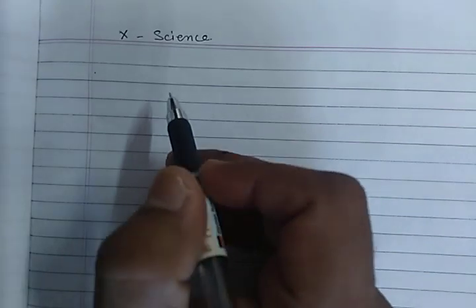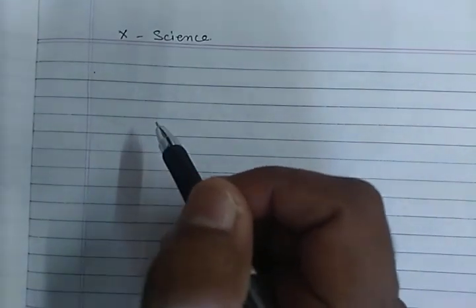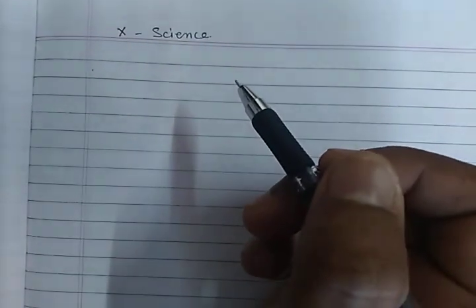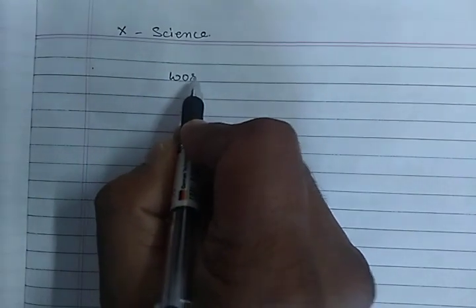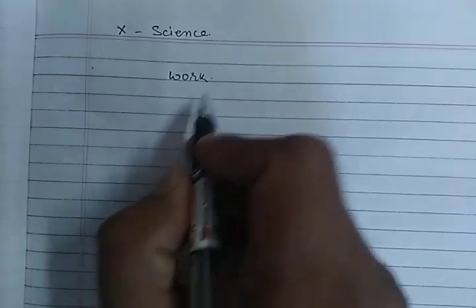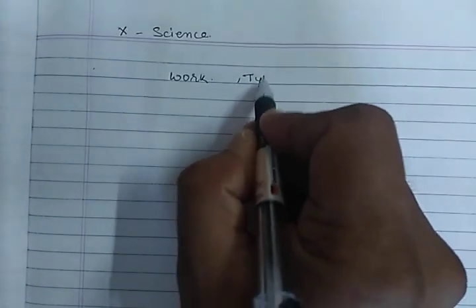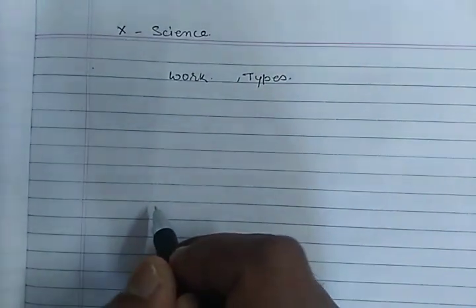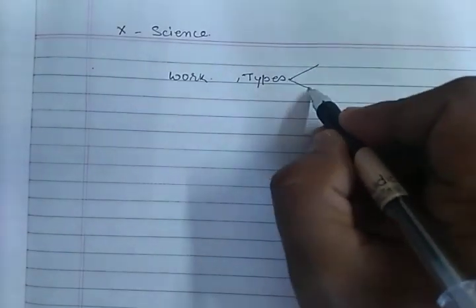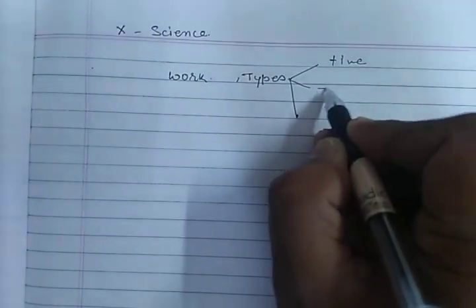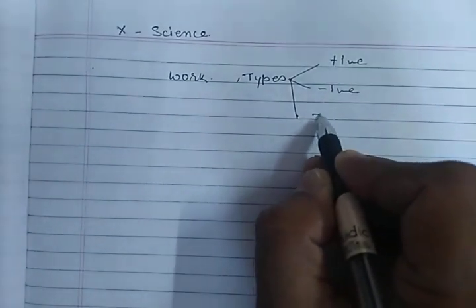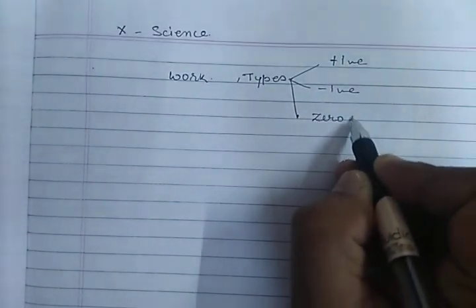In class 10 science we already discussed work, the definition of work and its types. We all know we have three different types of work: positive, negative and zero work.